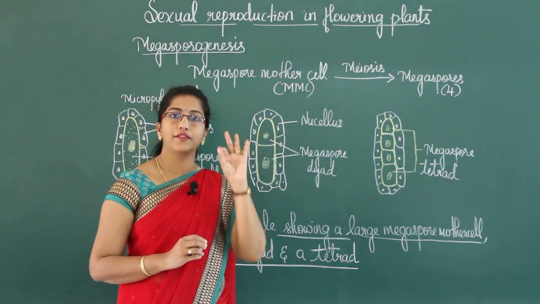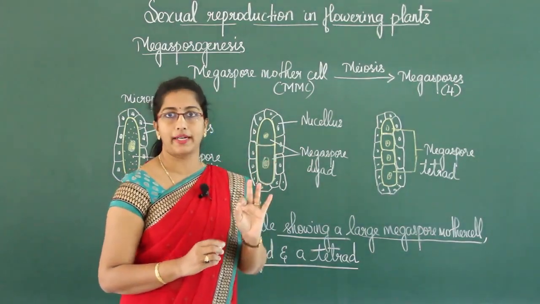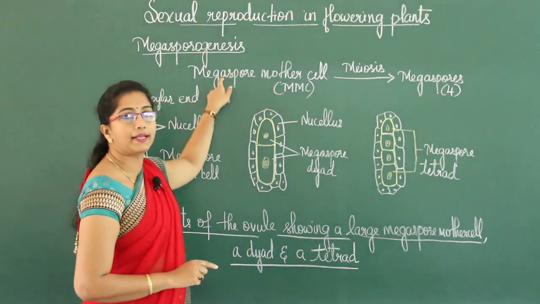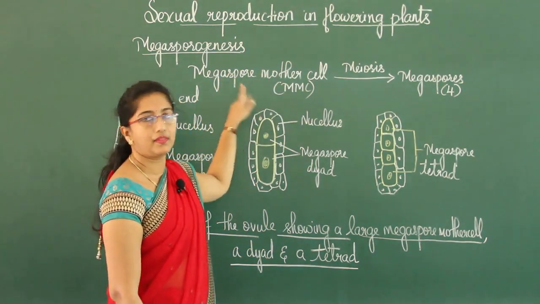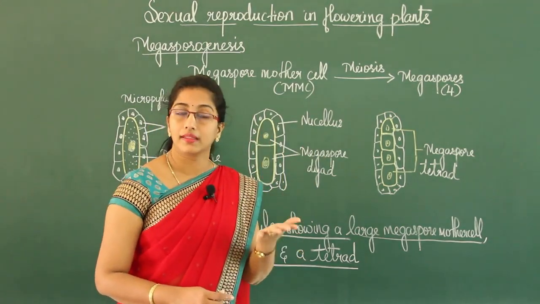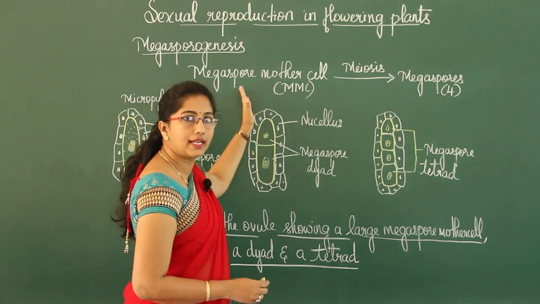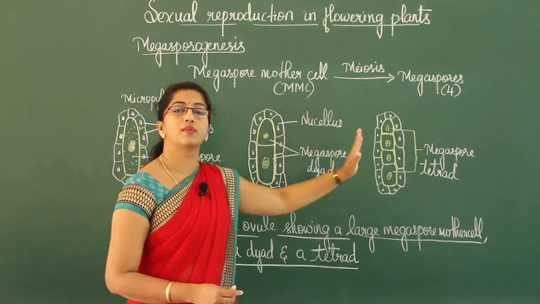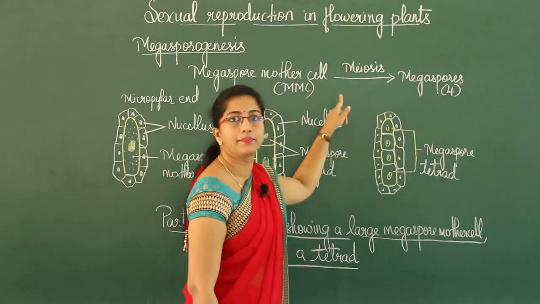So every cell of the angiosperm plant is diploid, including the megaspore mother cell. If this cell has to produce gametes, and gametes are haploid, then the diploid cell must give rise to haploid cells, so the cell division must be meiosis.